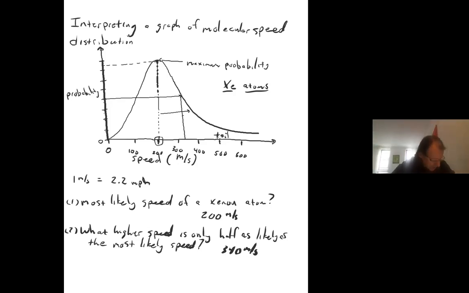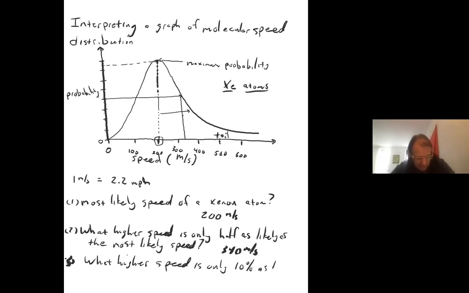Now we could ask another question, which is what higher speed, so that's higher than the peak, is only 10% as likely as the most likely speed.